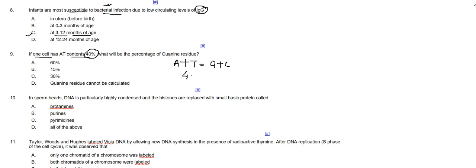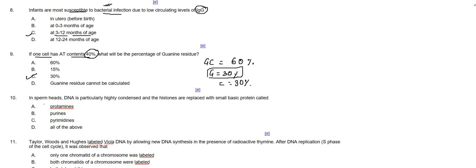If A plus T is 40%, then GC will be 100 minus 40, so GC will be 60%. If GC is 60%, that means 30% is guanine and 30% is cytosine. We are asked about guanine, so guanine will be 30%.